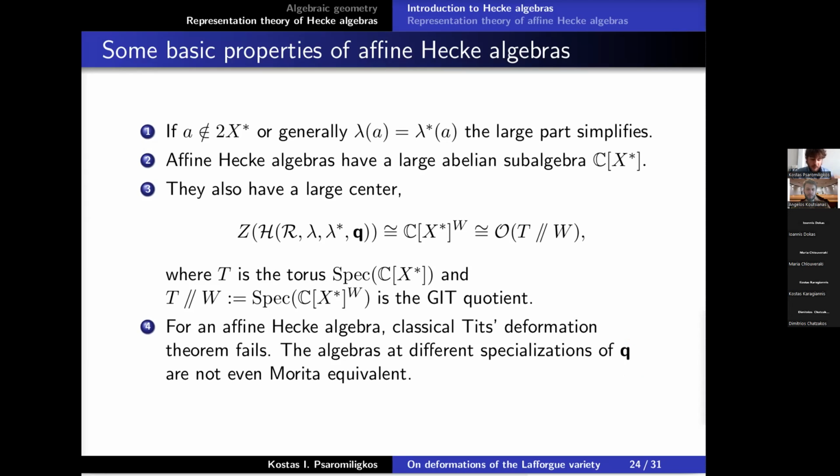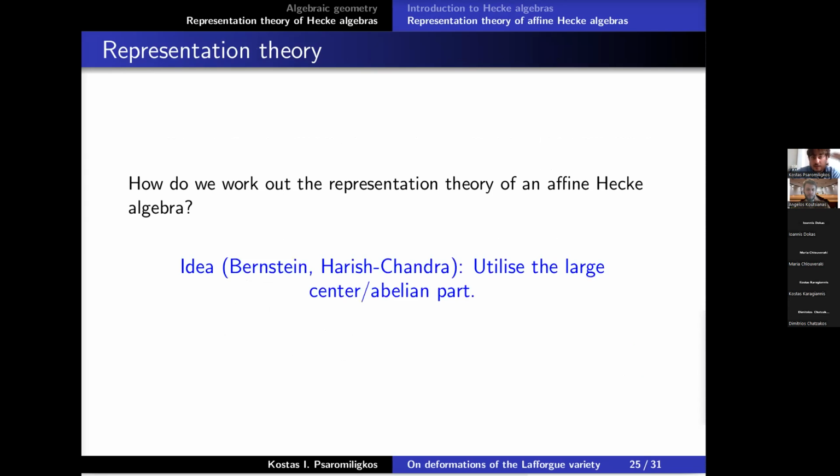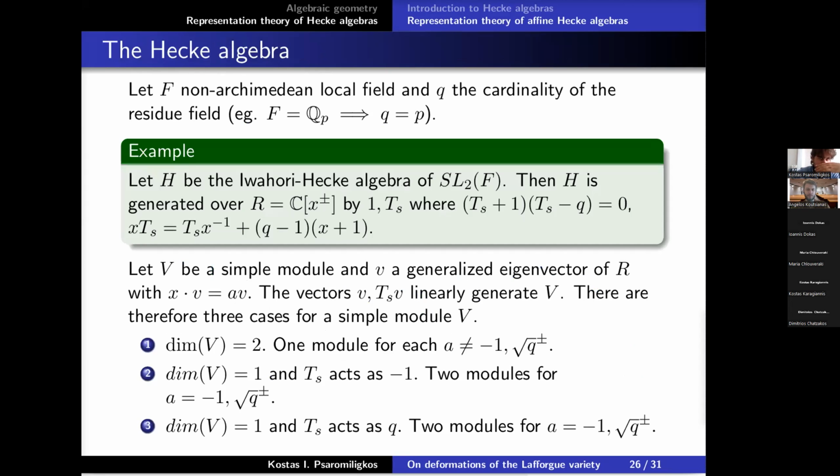Anyway, so, okay, these algebras look very complicated, even though they can be simplified sometimes. How do we work out the representation theory? Well, a main idea is let's take advantage of this large center and abelian part. And let me introduce this method by a very concrete example. Let F be a non-Archimedean local field.